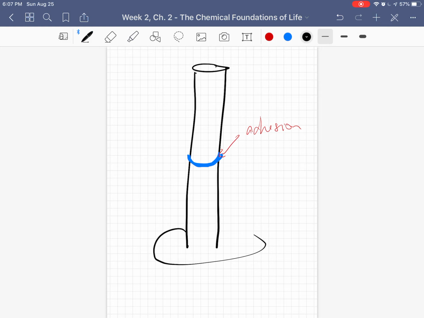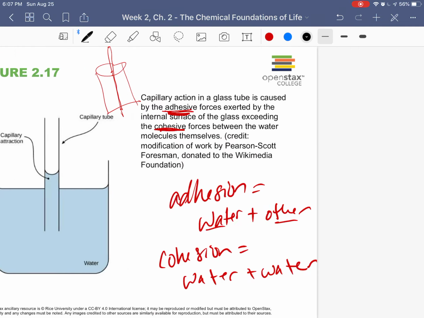Remember, when you are measuring water with a graduated cylinder, you are looking at the bottom of the meniscus because you don't want to be deceived by the water that is crawling up the side of the graduated cylinder.